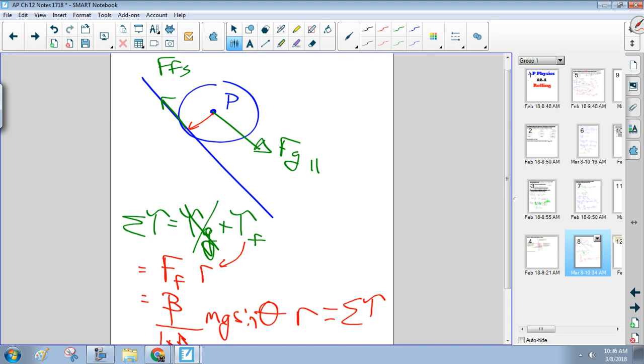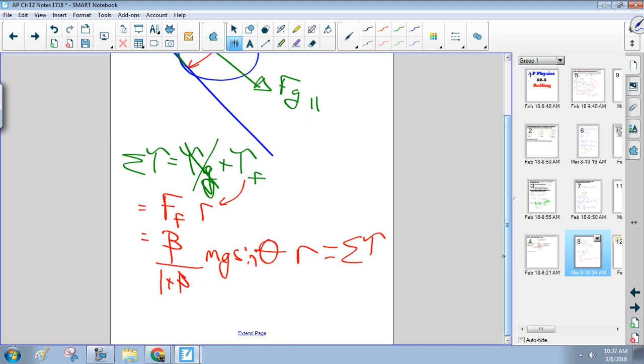So if this is my pivot point and I push here, then my torque is lever arm times force, right? What happens if I push here? Nothing. That's what's happening with gravity. My pivot point is here, and gravity is pushing at that point. Is that going to cause it to rotate around that point? So the torque from that is 0. It's force of gravity times 0. Follow? Is everybody good with that? All right.